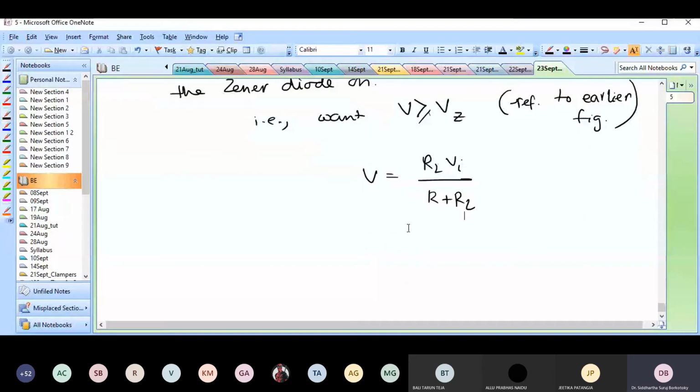What I want is V greater than Vz, which means RL VI by R plus RL is greater than Vz.